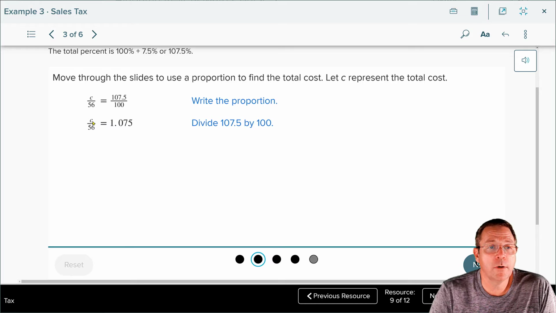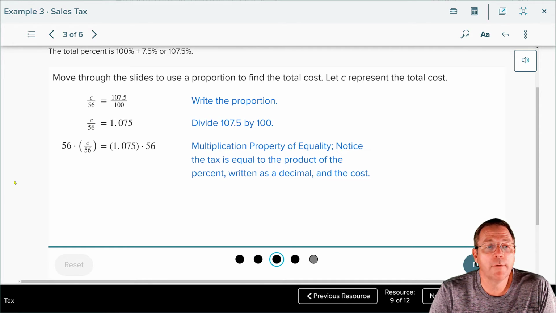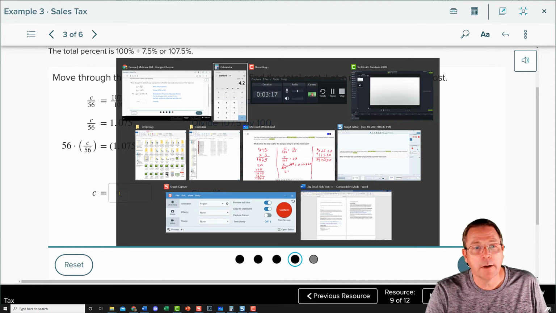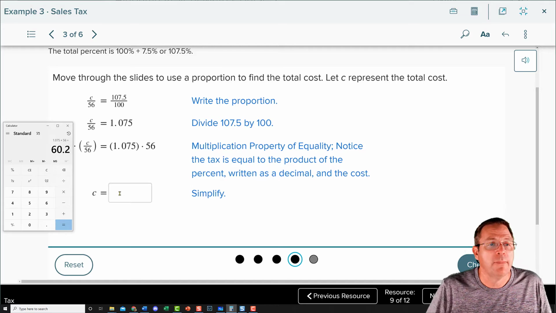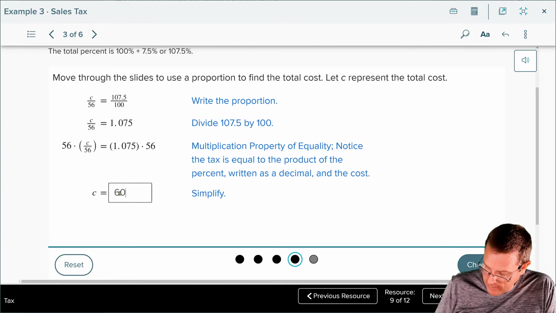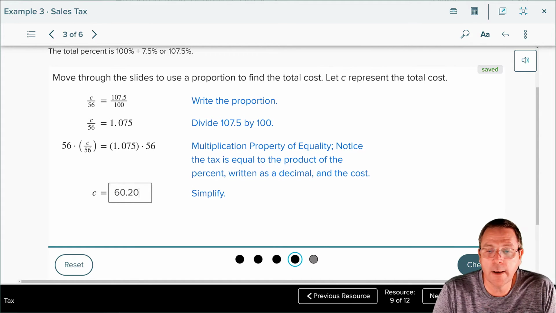Isolate the variable here, the C. C is being divided by 56, so we're going to multiply 56 on both sides, just like we did last time. These 56s are going to divide out just like they did last time, leaving C. And now we're going to multiply the 1.075 times the 56, and that is going to give us the same exact final cost we got last time.